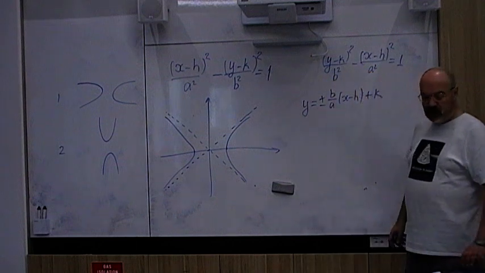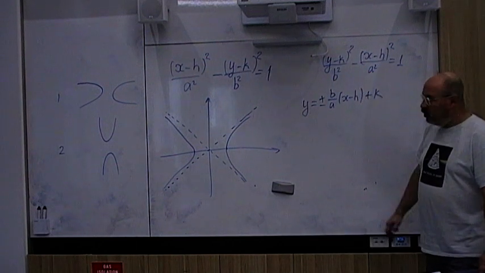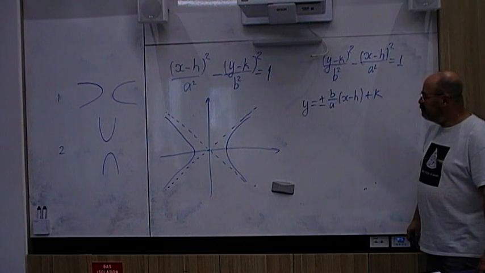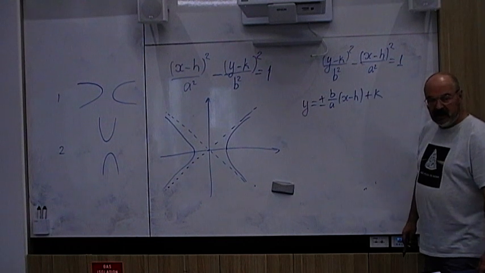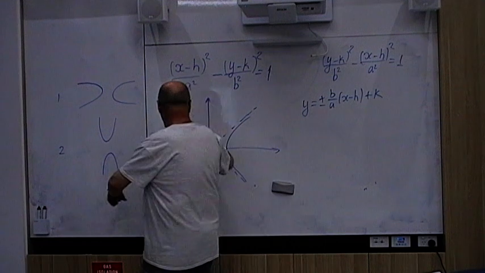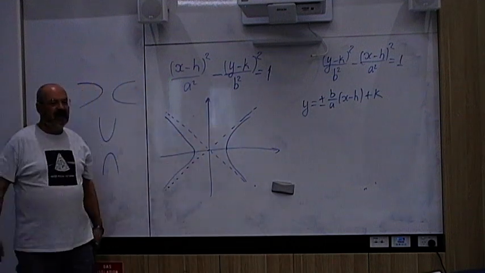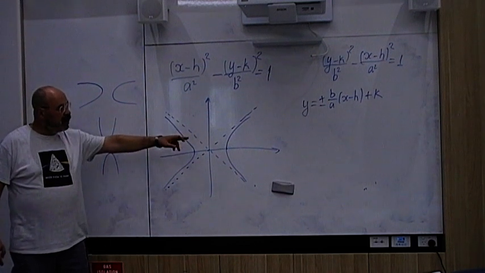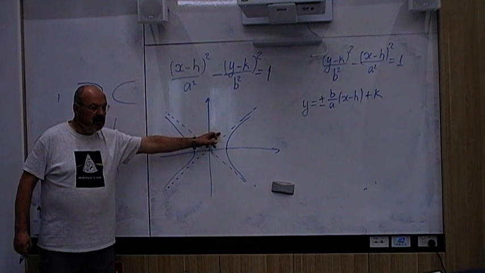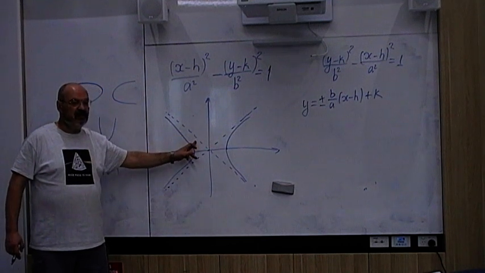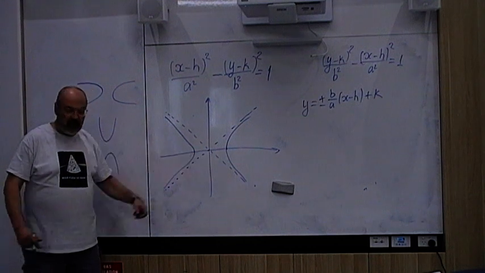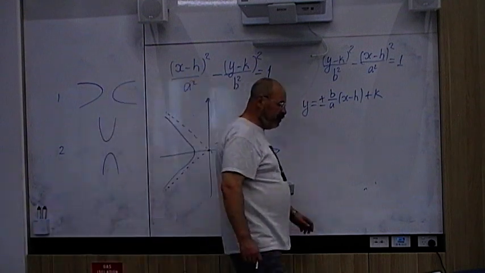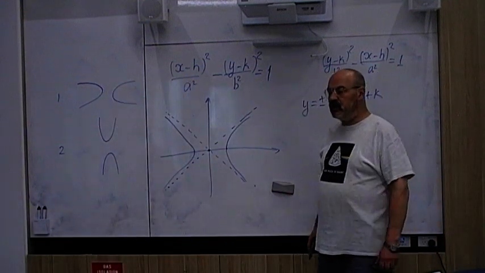One with the plus, one with the minus: the plus is for this asymptote, the minus for that asymptote. The point (h, k), the center, is where they meet, the point of intersection of the asymptotes.